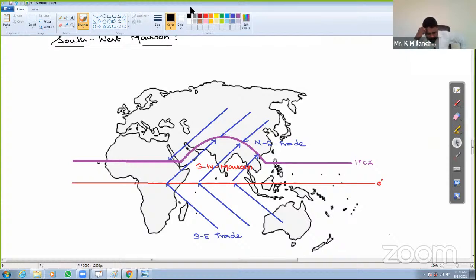The southeastern trade of the southern hemisphere, in order to confluence with ITCZ, eventually enters the northern hemisphere.